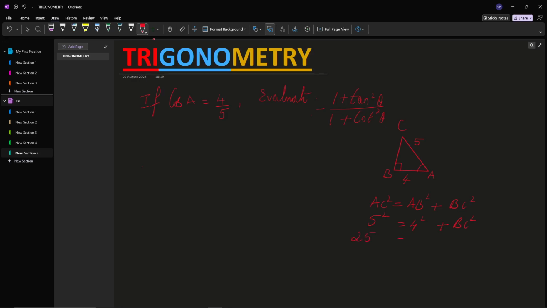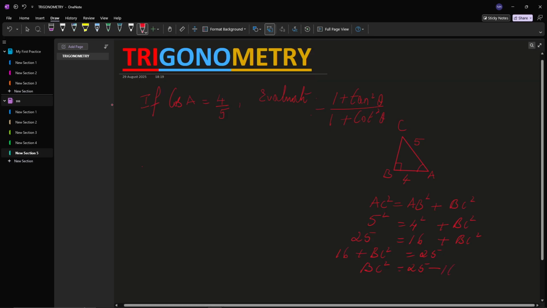So 5 square is 25, 4 square is going to be 16 plus BC square. So always keep it on the left hand side and then start shifting and dividing. So BC square is equal to 25 minus 16. So 25 minus 16 is going to be 9.